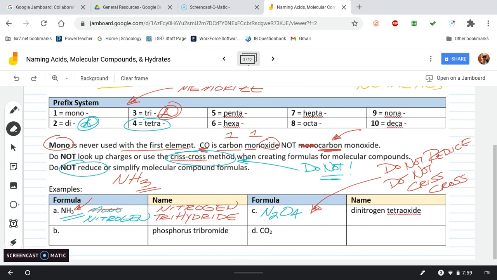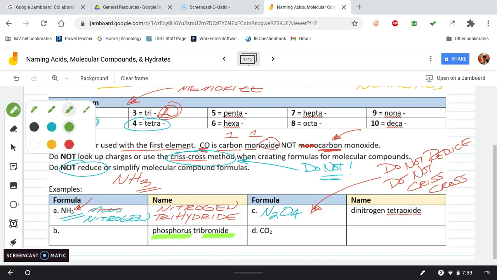Okay, so here's B, phosphorus tribromide. So let's think about it. Well, phosphorus is a nonmetal, and bromine is a nonmetal. So two nonmetals, no metals at all. So let's go ahead and think through this. There is nothing here. That means 1. And this is tri, so that means 3. So phosphorus tribromide.